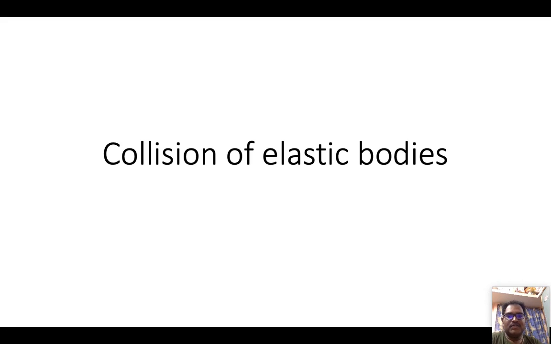Hello everyone. In this video, we'll dig in depth into the collision of elastic bodies. We have looked into the previous cases wherein we have two velocities, u1 and u2, which correspond to the initial velocities, and similarly v1 and v2, which correspond to the final velocities.